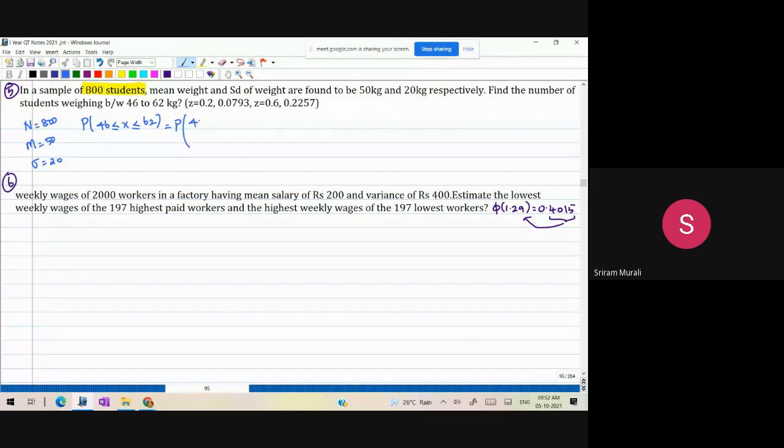Convert this into Z. 46 minus 50 by 20 less than or equal to Z less than or equal to 62 minus 50 by 20. So this is equal to probability of minus 0.2 less than or equal to Z less than or equal to 0.6.